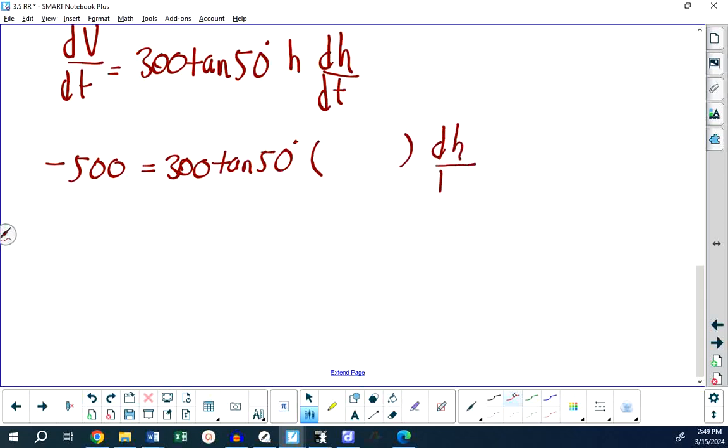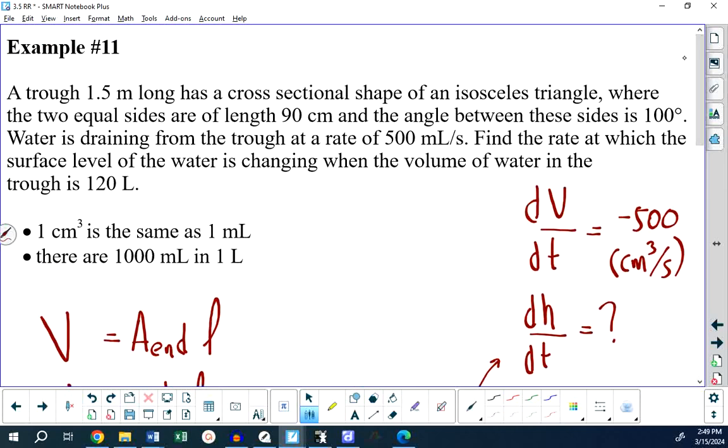In order to find dh/dt, we also need to know h. Were we fortunate enough for the question to say, find dh/dt when the depth of water is so much? Does it actually tell us the depth of water at that point in time? I don't think so. It gives you a volume.